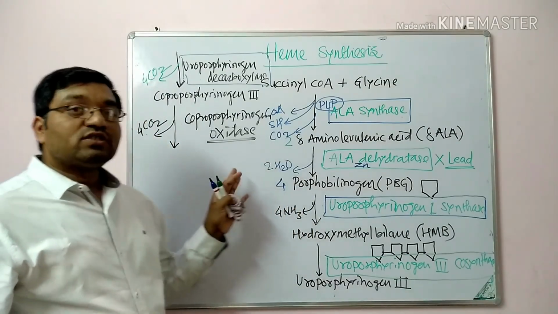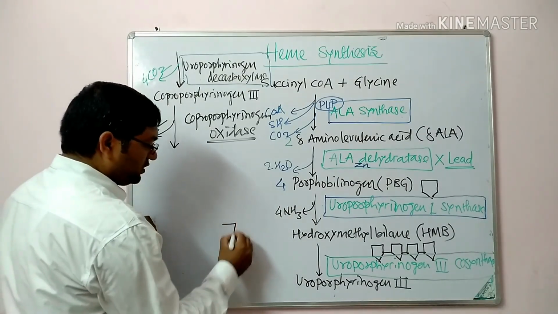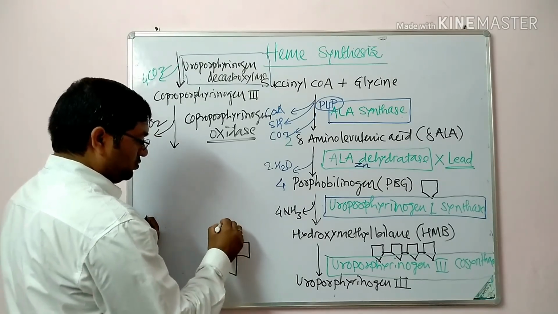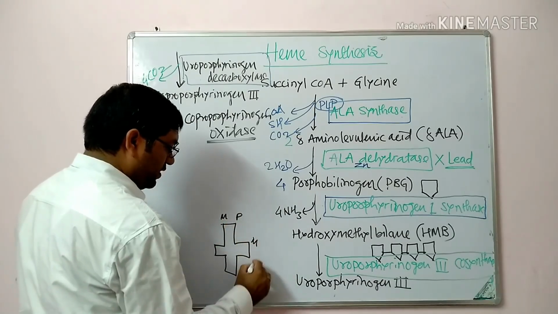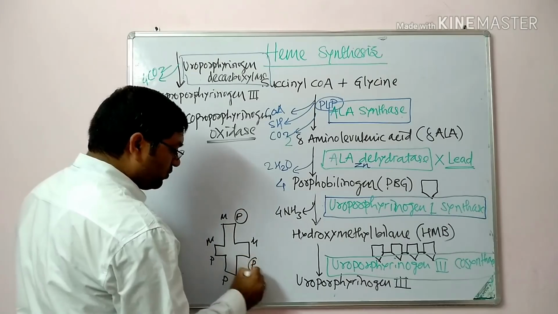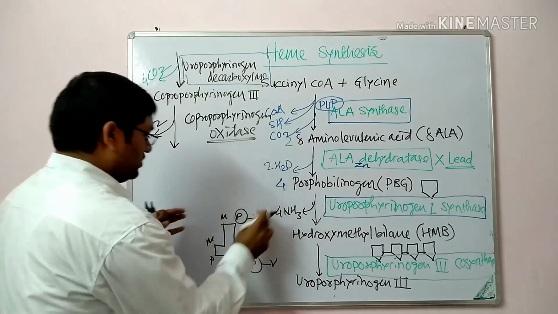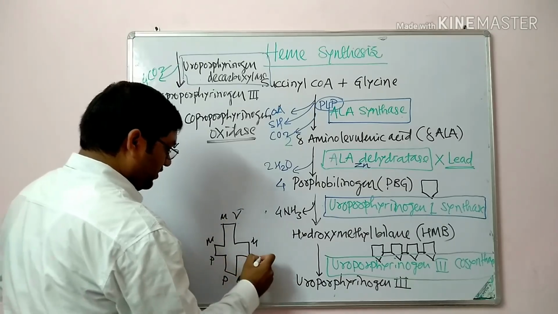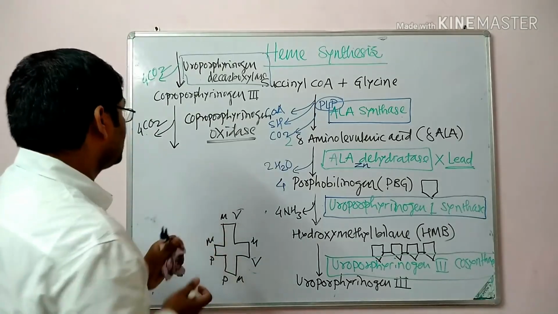The propionyl group, which is present at the first two positions, means this is the structure, MP, MP, MP, PM. This propionyl group is substituted by the vinyl group, and it is converted into MV, MV, MP, and PM.